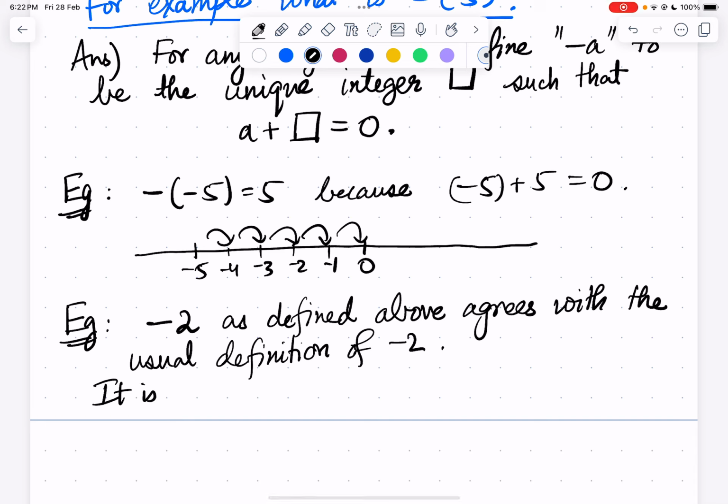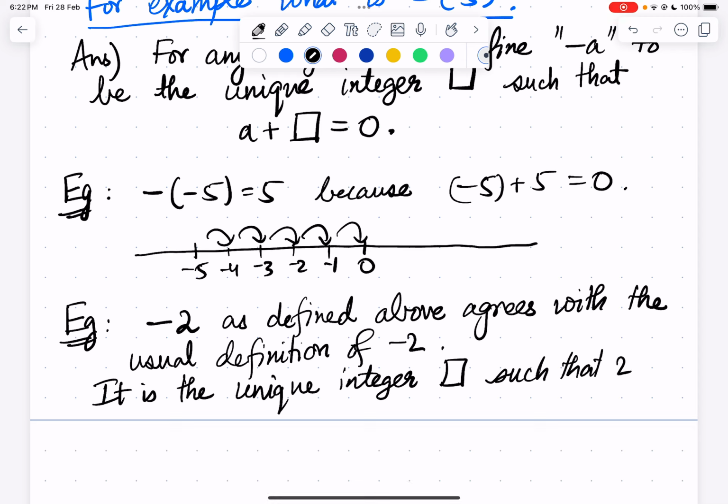It is the unique integer box such that 2 plus box equals 0.